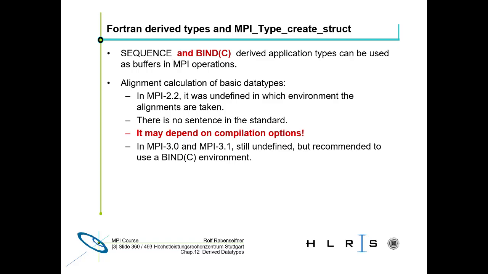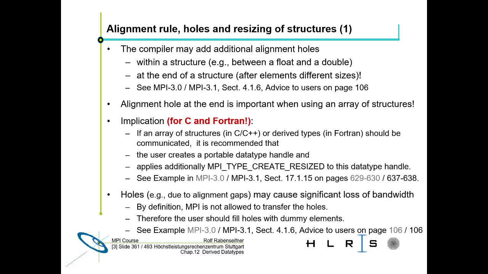Alignment computation of basic data types is in fact undefined by the standard, and there is nothing in the standard that defines it, so it may depend on compilation options. In MPI 3 and 3.1 it's still undefined, but it's recommended to use a BIND(C) environment, so basically an additional type specifier.